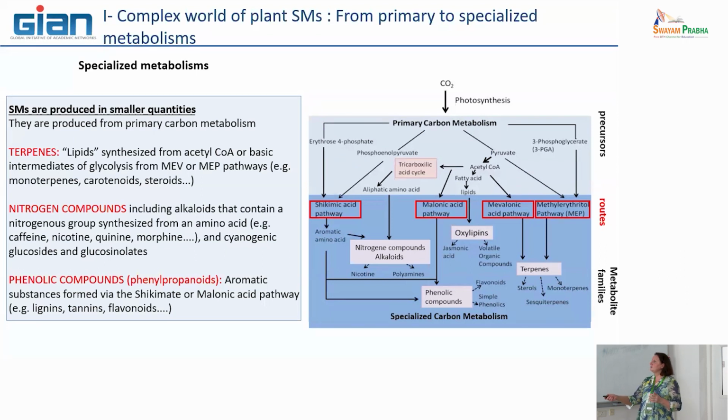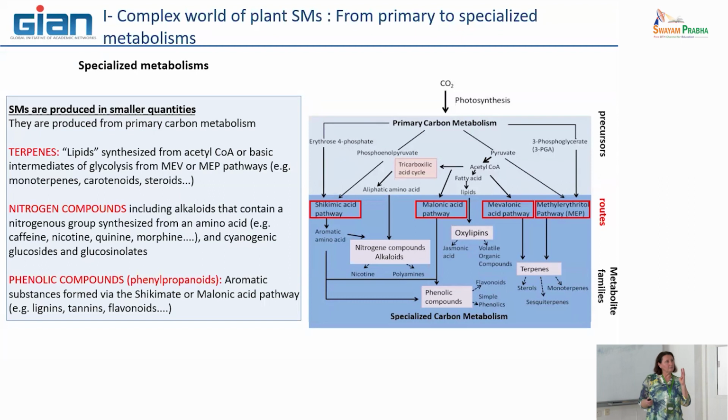Here, for example, shikimic acid combined with malonic acid leads to lots of phenolic compounds that can also be produced by shikimic acid alone. And on the other hand, all the terpenes, for example, are produced by only 2 metabolic pathways. I will explain both in more detail, because at the beginning we thought there was only one, the mevalonic pathway, that is common to all organisms: microorganisms, plants, but also animals and fungi.